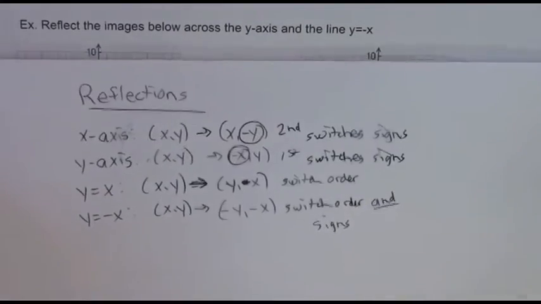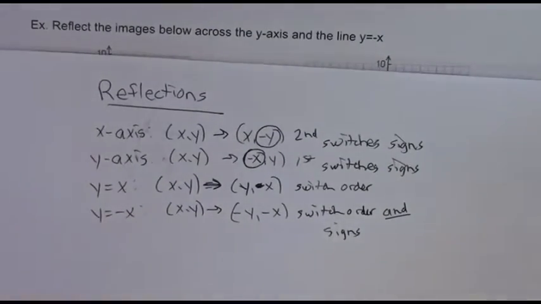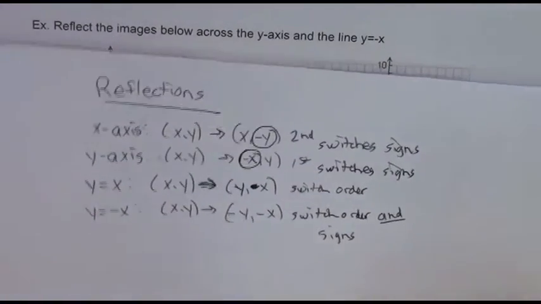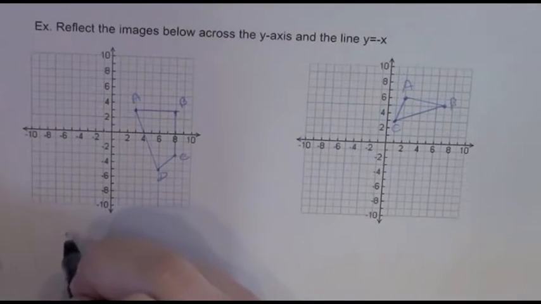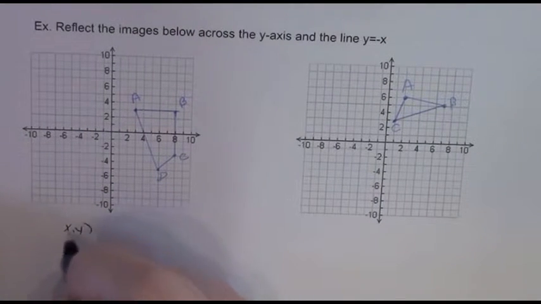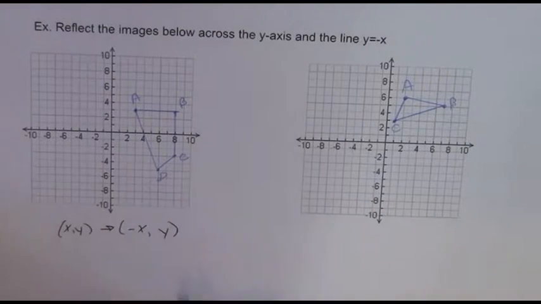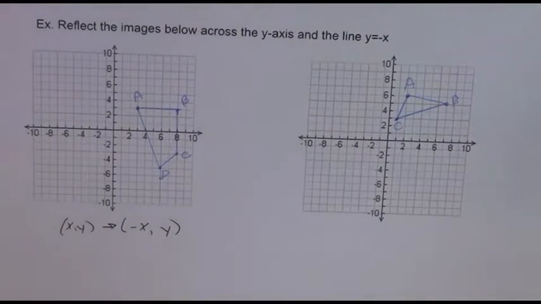For this first one, we need to reflect across the y-axis. That rule is (x, y) turns into (negative x, y). So we write the rule down. And we go through and we find our points.